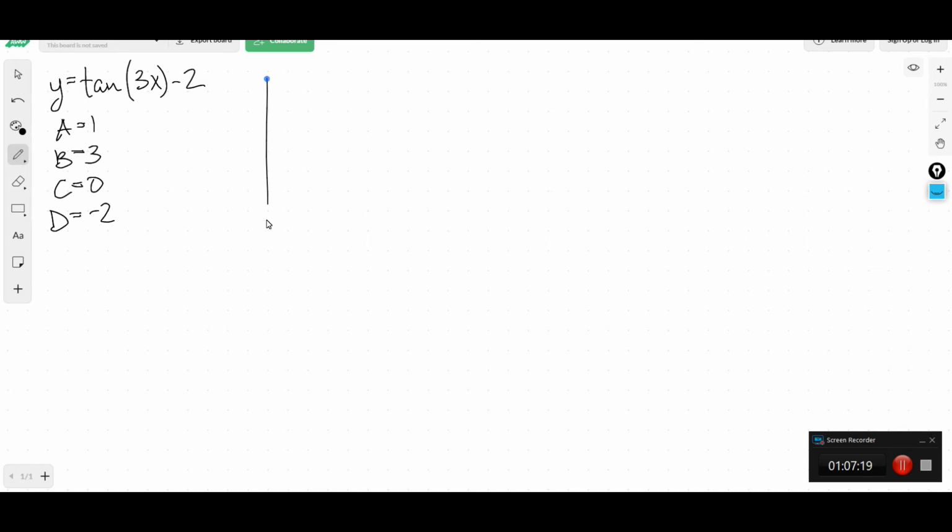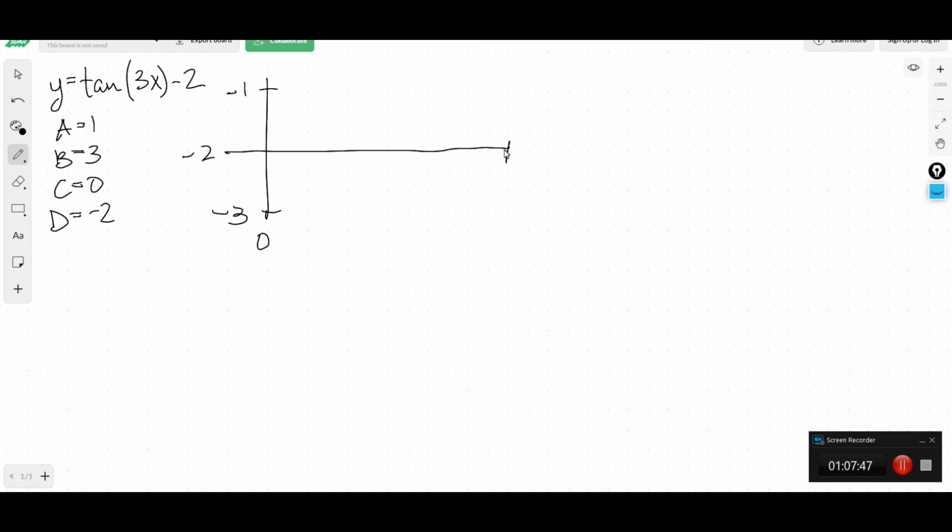First thing I do, sketch d, negative 2, c. Get my top and bottom. A is 1, so I'm going to be up 1 at negative 1, and down 1 at negative 3. I start at 0, and b is 3. That does not mean I get to say that I put a 3 here.